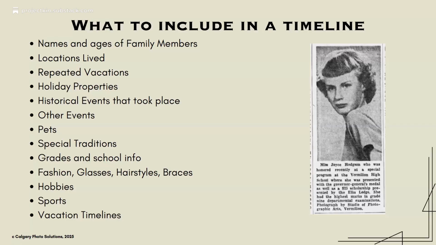The historical events that took place around a certain time frame in your family. So you may not be doing a historical timeline, but information on, for example, World War II is relevant in my grandparents' timeline, because my grandfather, that's when he went and joined the Canadian Army, and that leads to another whole sequence of events. Where was he stationed?